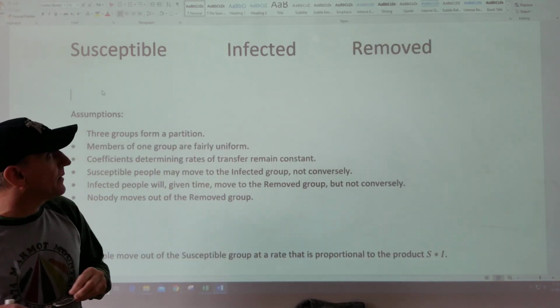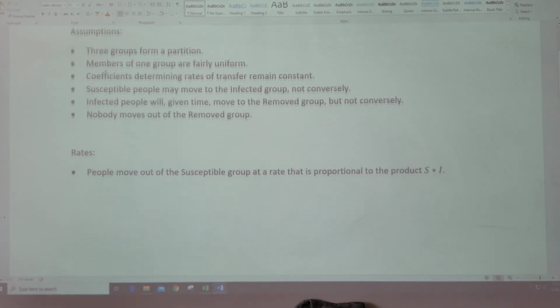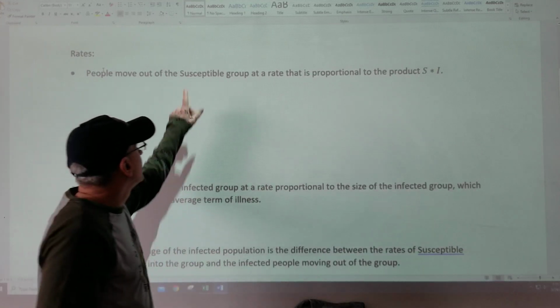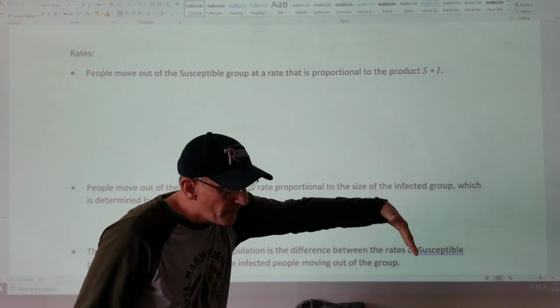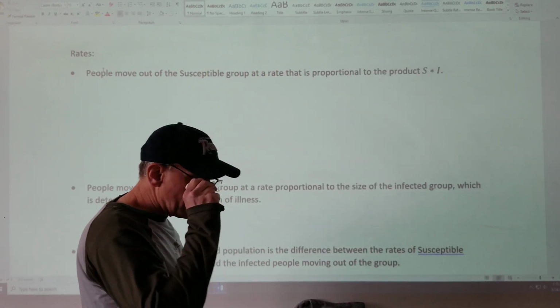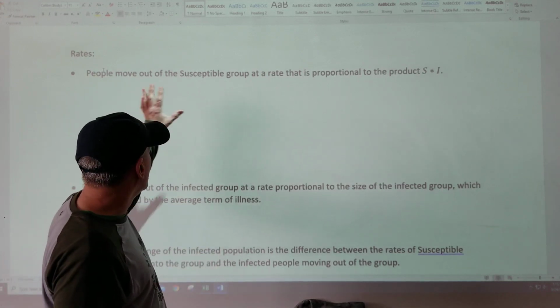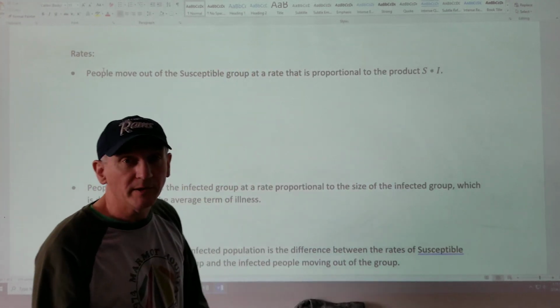Now we're going to talk about the rates of change. First of all, let's talk about the transfer from the susceptible group. Where do they go? They go into the infected group. And it's not a constant rate. So today, if 10 people move from not being sick to being sick, that doesn't mean tomorrow that it will be 10.